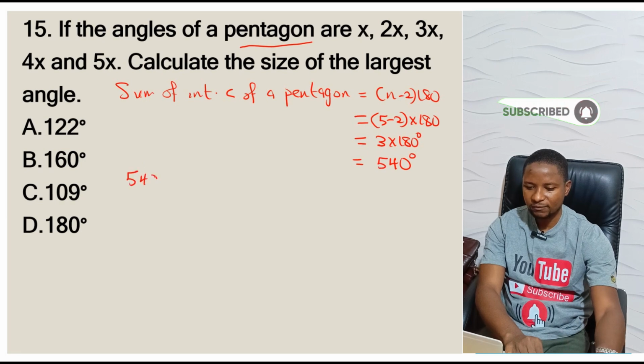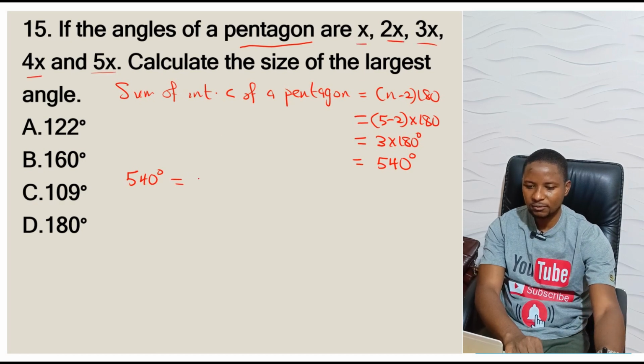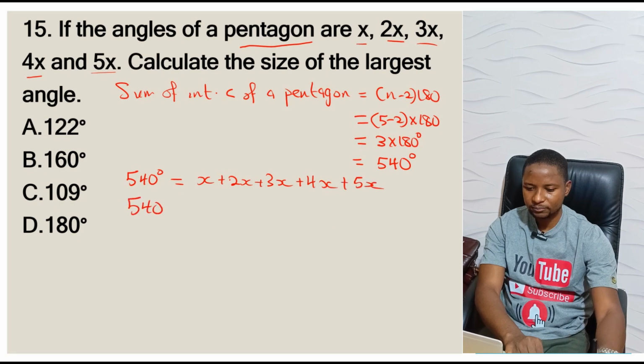So now we have 540 degrees, which we are told is equal to x, 2x, 3x, 4x, and 5x. So when you add all these together, 540 equals x plus 2x, 3x, 3x plus 3x, that's 6x, 6x plus 4x, that's 10x, 10x plus 5x, that's 15x.